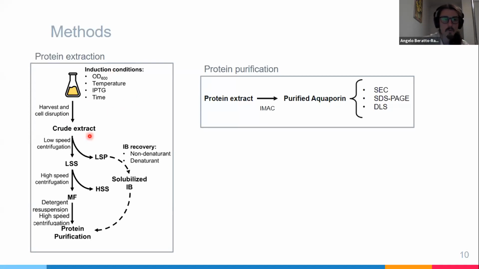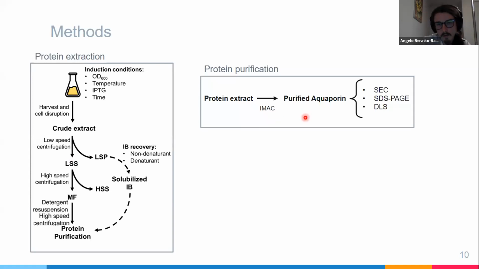The crude extract was submitted to low-speed centrifugation in order to separate the inclusion bodies from the low-speed supernatant, and then this was submitted to high-speed centrifugation, or ultracentrifugation, in order to isolate the membrane fraction and obtain the protein extract, which was purified by immobilized metal affinity chromatography.